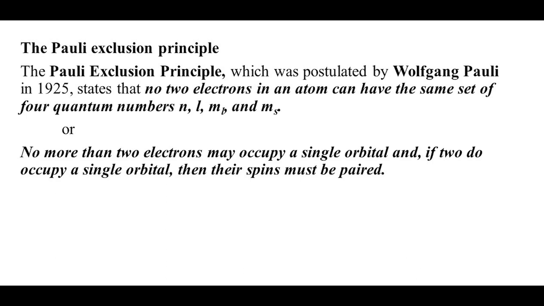The other way we normally define it is, no two electrons in an atom can have the same set of quantum numbers. That means no two electrons in an atom can have identical values for all four quantum numbers. You will understand this after the lesson on quantum numbers.